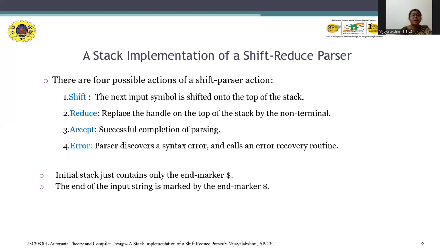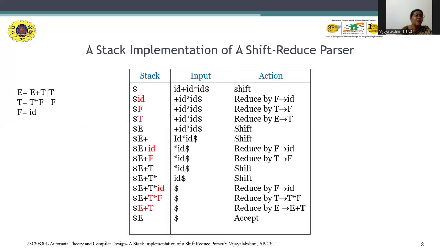First, we initialize the stack containing the end marker dollar symbol, and the end of the input string is also marked by the end marker dollar symbol. The grammar is E equals E plus T or T, T equals T star F or F, F equals ID. These are the production rules, also called the grammar.